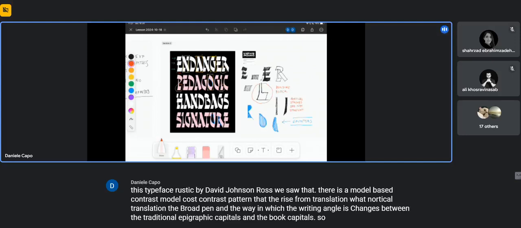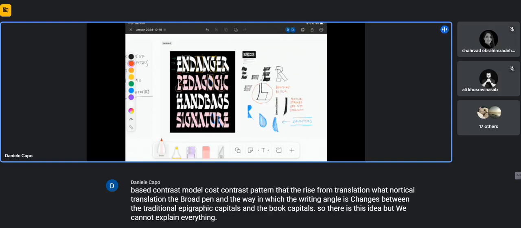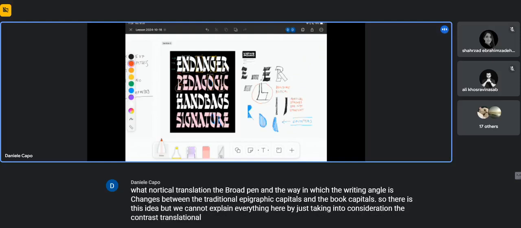So there is this idea, but we cannot explain everything here by just taking into consideration the translational contrast.